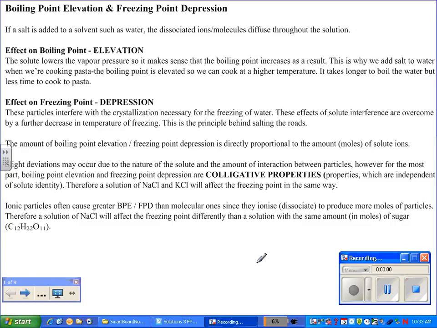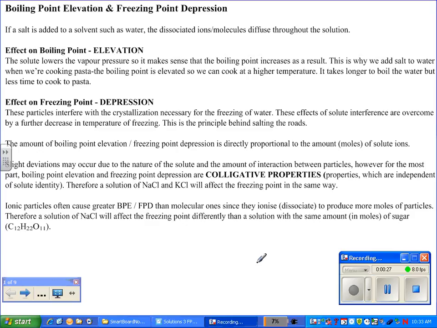Last topic in our study of advanced solutions is boiling point elevation and freezing point depression. These are colligative properties and are treated similarly. They're colligative properties, as you'll recall, because the type of solute particles that we add to the solution will not have an impact on the change in temperature.